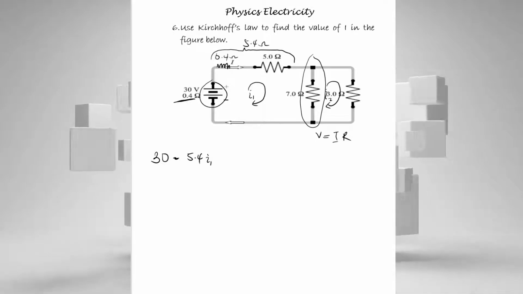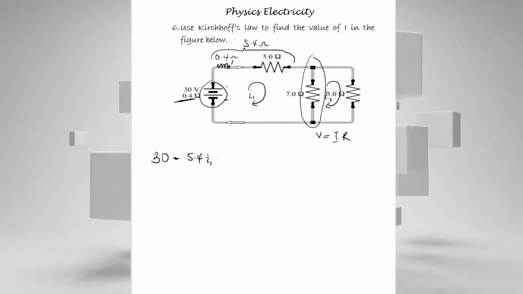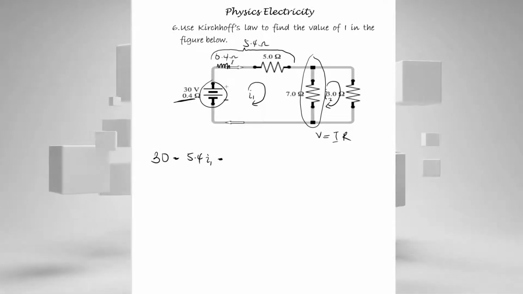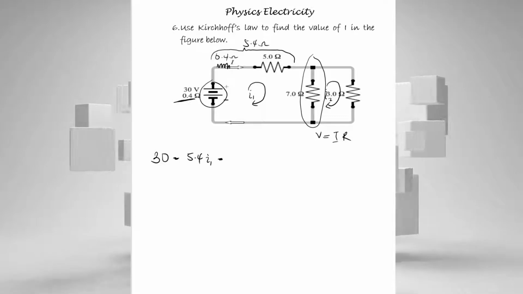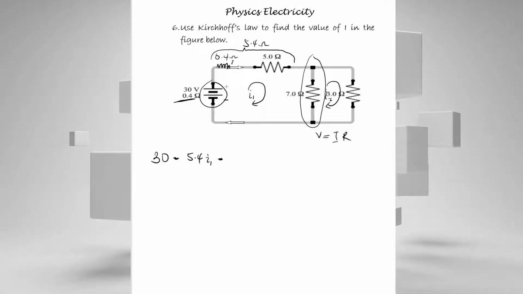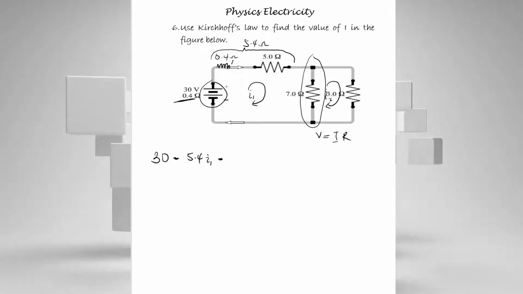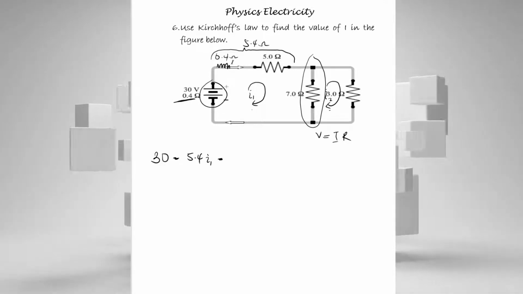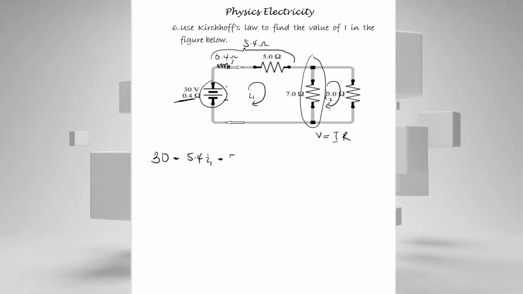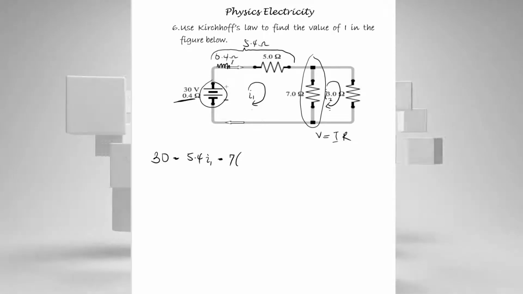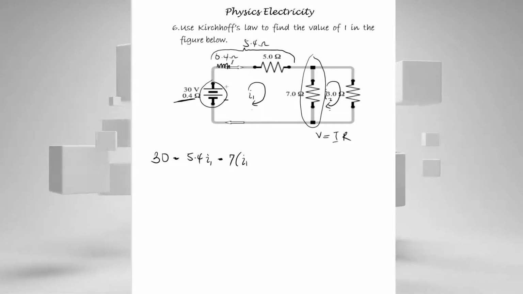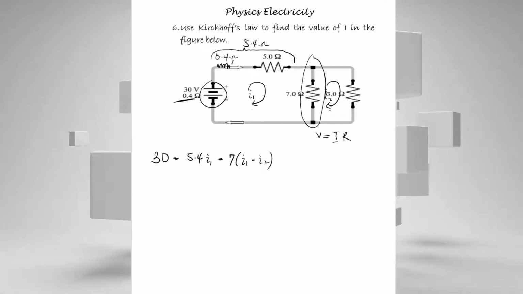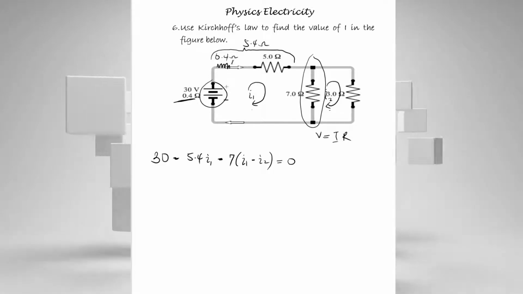And then minus the voltage drop across the 7 ohm resistor. We can see that the 7 ohm resistor for this loop corresponds to two currents, the current for I1 and the current for loop I2. So I'll put it as 7 into brackets I1, which is our main loop, minus I2, and this is equal to 0.